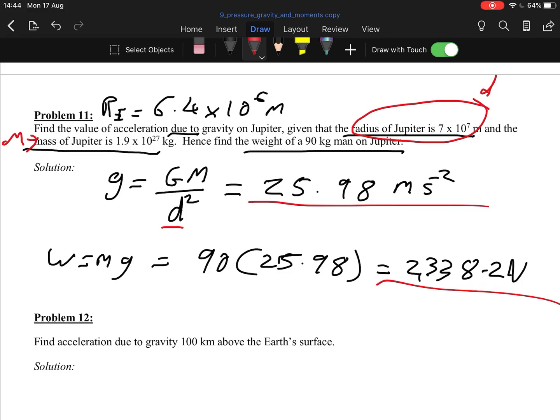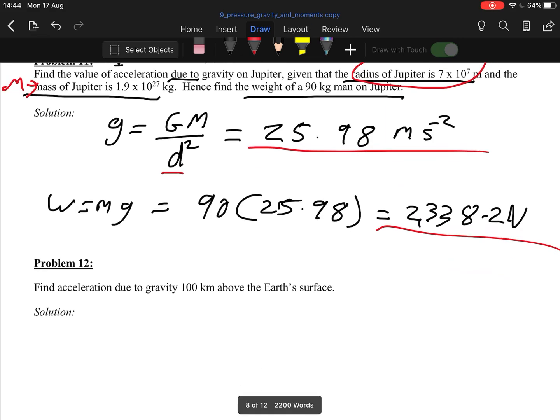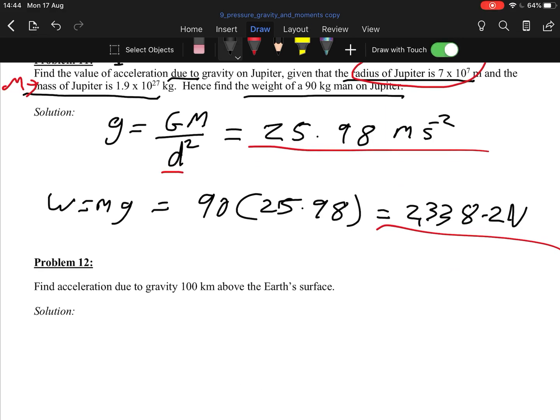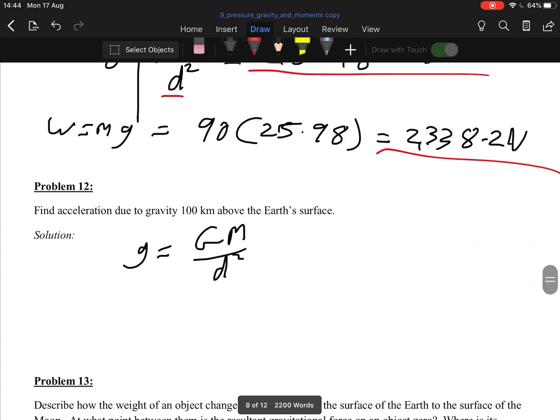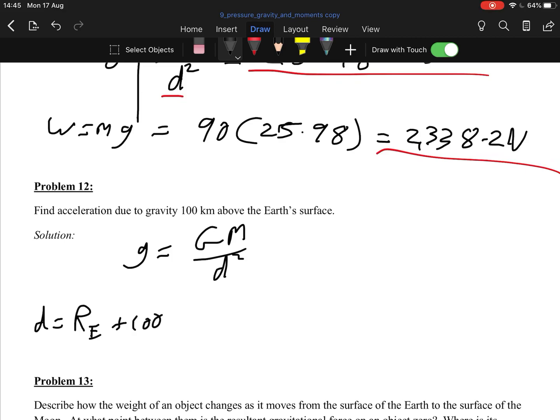All right, problem 12. Find the acceleration due to gravity 100 kilometers above the Earth's surface. So again, g equals GM over d squared. We have the radius of the Earth, which I gave at the start: 6.4 times 10 to the 6. If we're 100 kilometers off the surface of the Earth, d now changes to the radius of the Earth plus 100 kilometers.